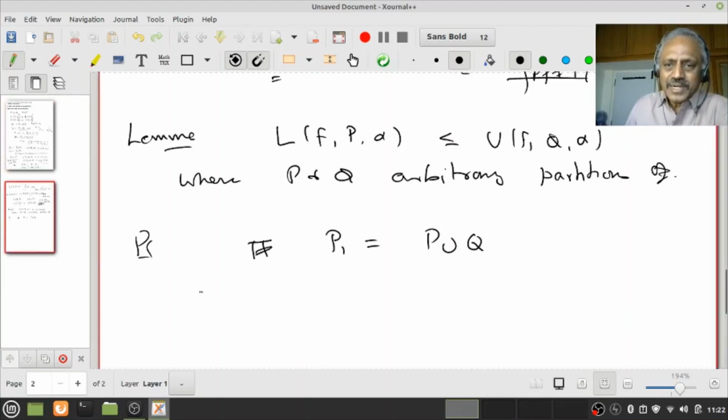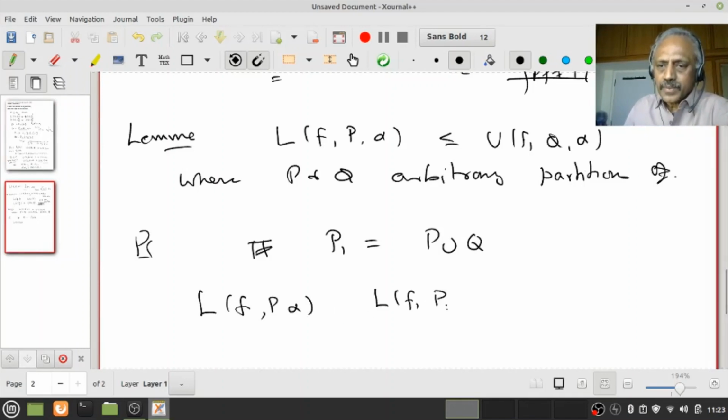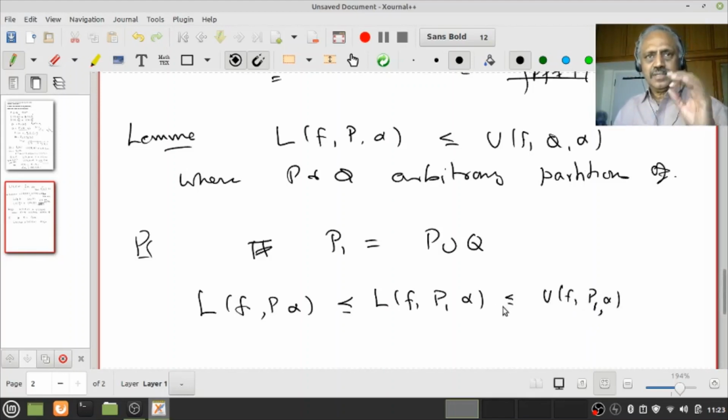Now let us look at the relation between L(f,P,alpha) and L(f,P1,alpha). Because P1 is finer than P, we know that lower sums increase. Therefore, this is less than or equal to that. Now, keep P1 fixed. With respect to the same partition, lower sum is less than or equal to upper sum.